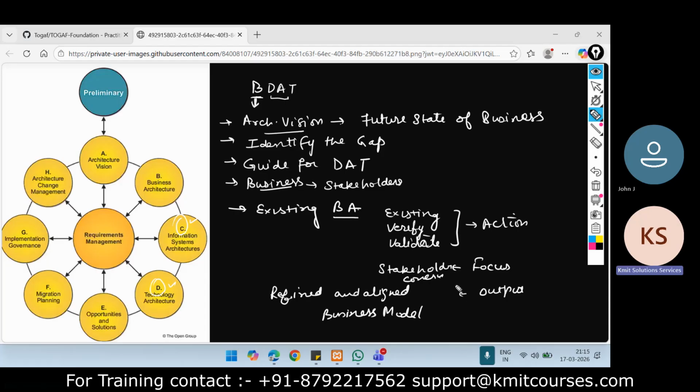So this will be your approach. You will take the existing business model, verify it, validate it by taking the approval from the stakeholders, then refine and align the business model with the architectural development. So that will be the outcome.